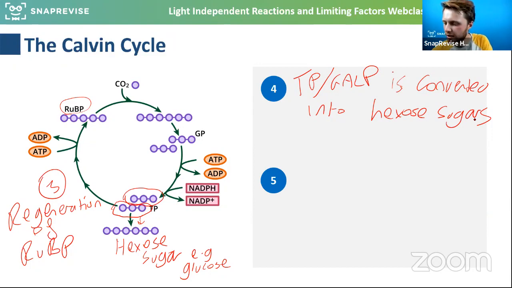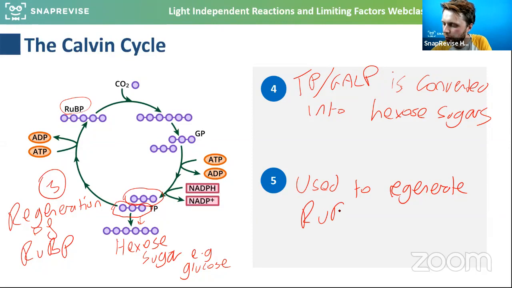Or we can say it is regenerated, so used to regenerate RUBP. Okay, lots of you might be confused here. So the person who's just talking about 6 turns, 5 out of 6 things, yes, that person is totally right. I'll get to it in a second. So lots of people get confused by this. I think me being one of them when I did this. So I'll talk about that in a second.